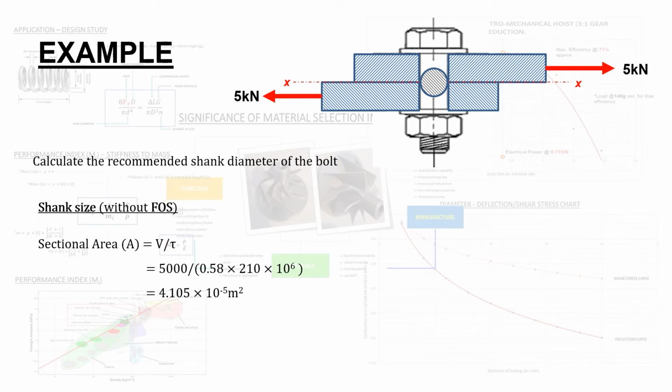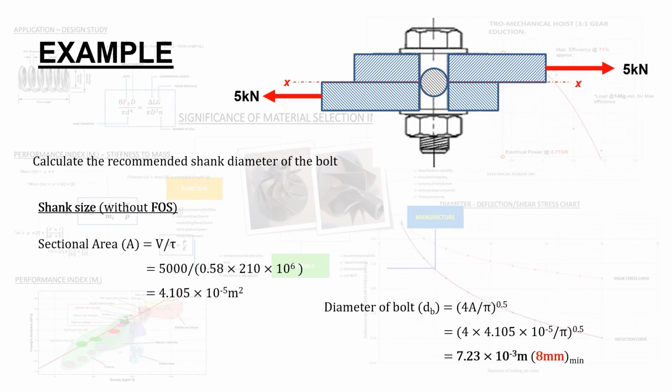So how do we go about calculating the diameter? Well, since the bolt is cylindrical in terms of its cross-sectional profile, we can use the area of a circle to calculate the diameter. Here it's up to you. If you want to use area is equal to pi r squared, you can use that. You calculate for r, multiply r by 2, and that will give you the minimum diameter needed for this application. However, as usual, I prefer using area is equal to pi over 4 times d squared.